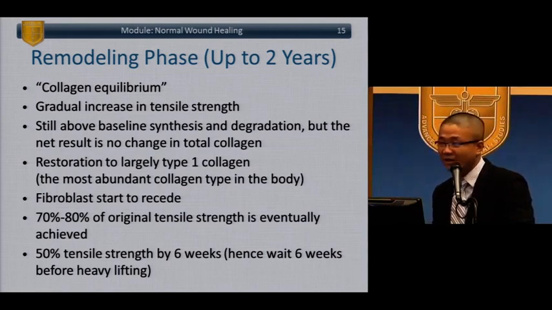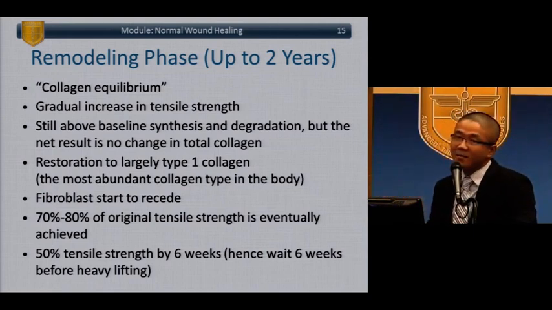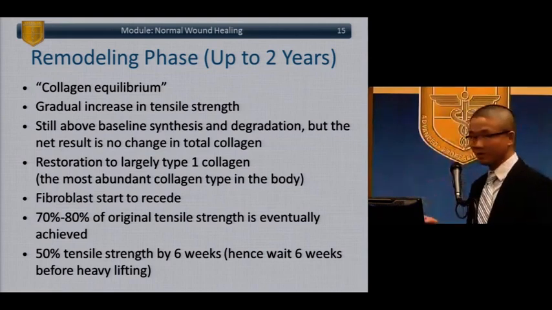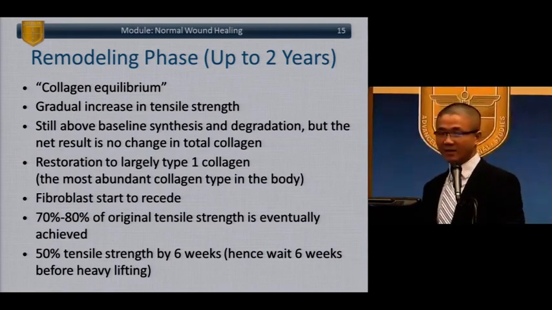A lot of them have morbid obesity. Some are on steroids, some smoke, some have prealbumins of 2, and the list goes on and on, right? So in the best of circumstances, they get to 80% of their tensile strength. And I say that to my patients, you never get back to 100% tensile strength. And no, you can't do sit-ups to strengthen your fascia, right?